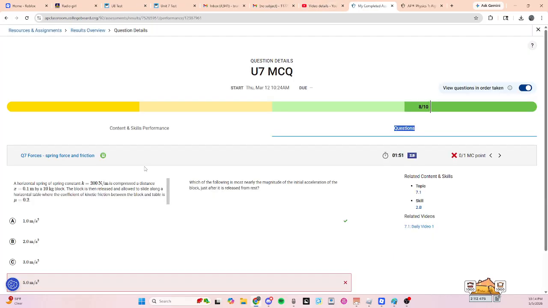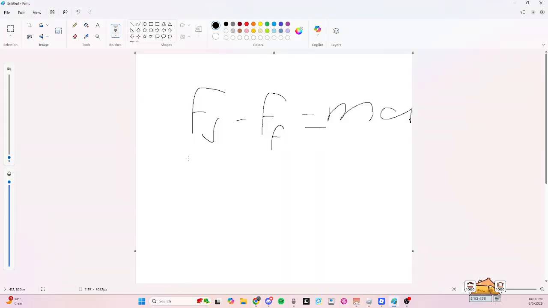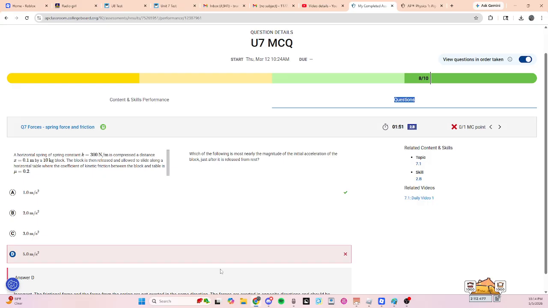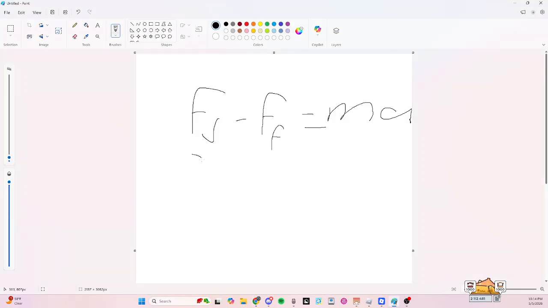So we have our k here, 300, and our delta x, 0.1. So 300 times 0.1 is 30.